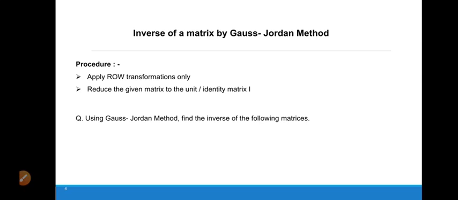So let us solve one example using this method. Here you are given a square matrix of order 3 and you are asked to find inverse of this matrix by Gauss-Jordan method.